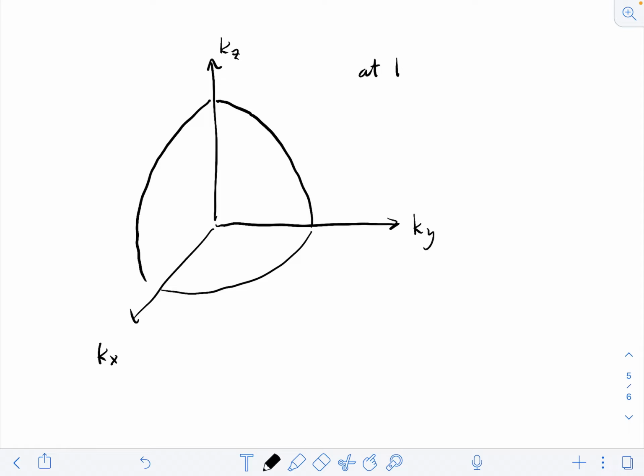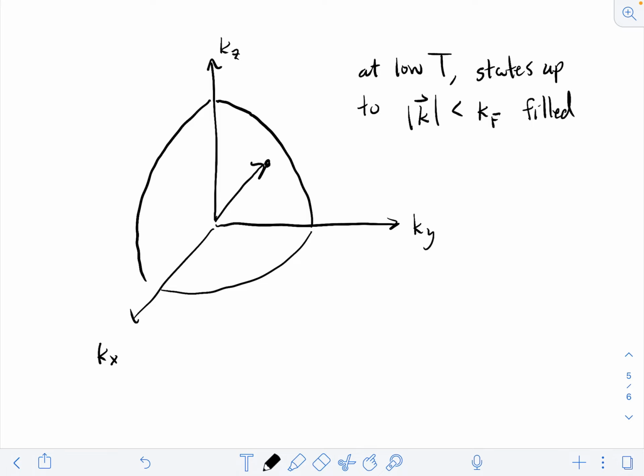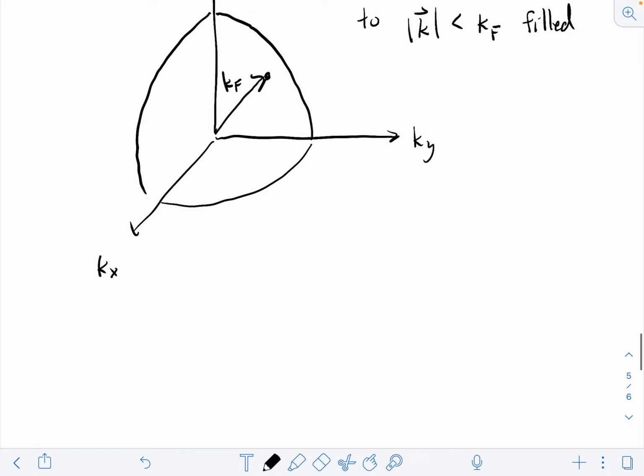So at low temperature, states up to a wave vector less than the Fermi wave vector are filled, where the Fermi wave vector reaches to the surface of the sphere.